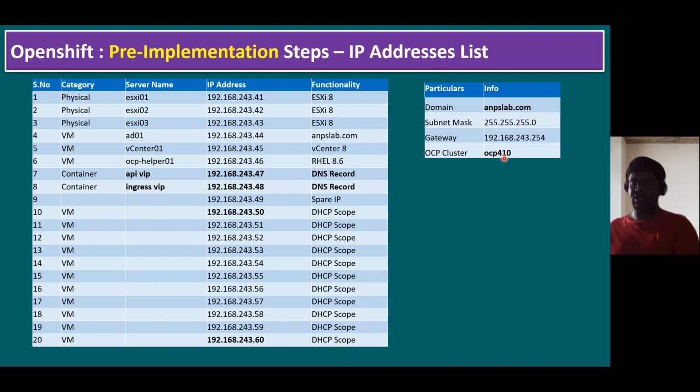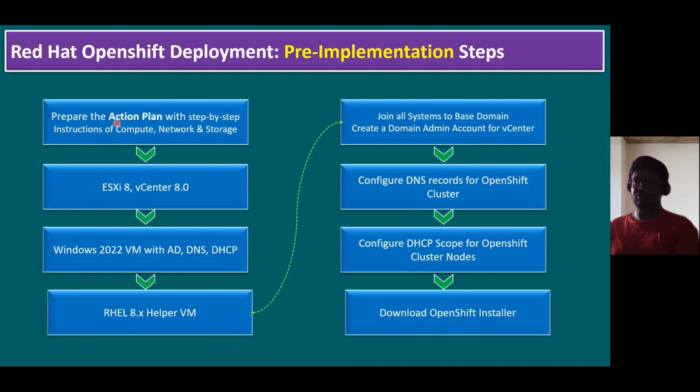Okay, now quickly recap our prerequisites. What are all the steps we completed now? See, the action plan, which I just explained to you with the IP list and some notes, that will be our action plan. So that portion is completed. Compute level, we have vSphere. Network portion, we are using vSwitch, and storage portion, we are using Nimble storage.